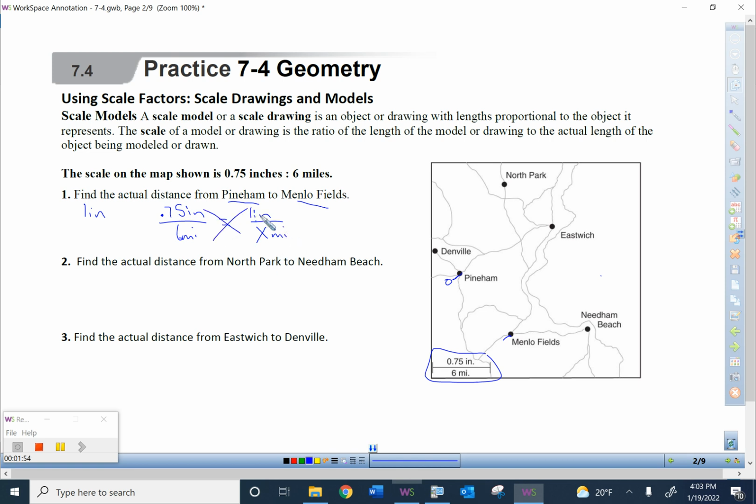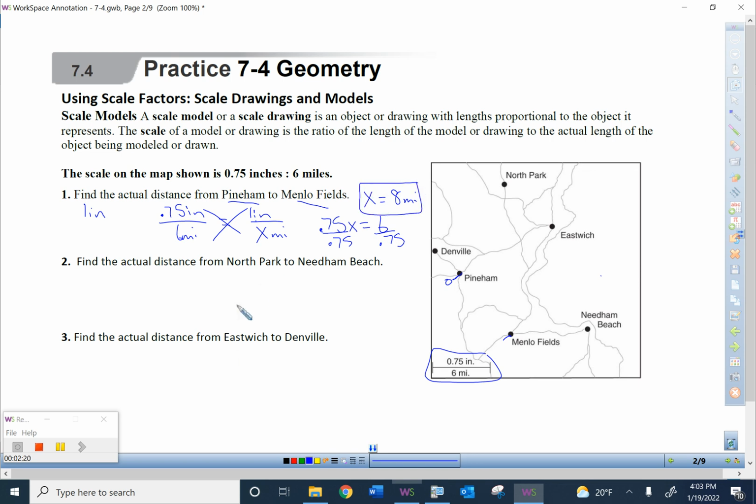We'll cross multiply to solve here. So 0.75x equals 6. Then you just divide by your 0.75 on both sides. Throw that in your calculator, and we should get 8 miles for this one.